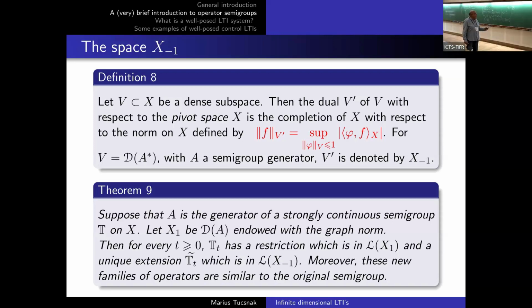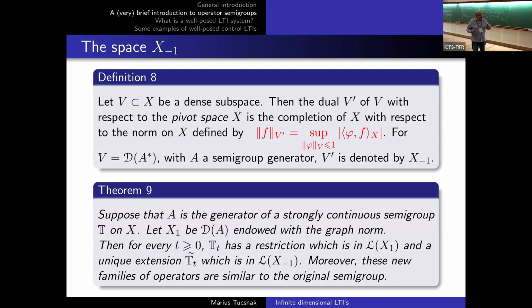I have a dense subspace V of X. Then this subspace has a dual, V prime, which a priori is, as everybody knows, the set of linear bounded functionals on V. This space, we know also by the Riesz representation theorem, is isomorphic to V. But this isomorphism is not a canonic one.